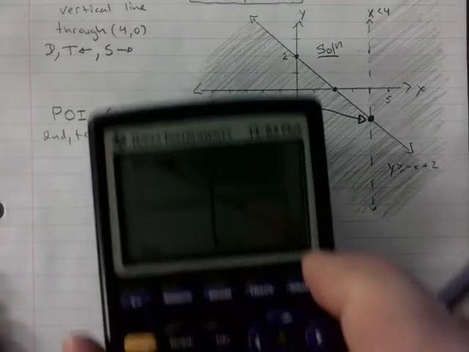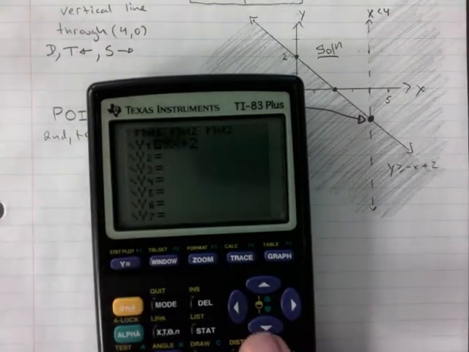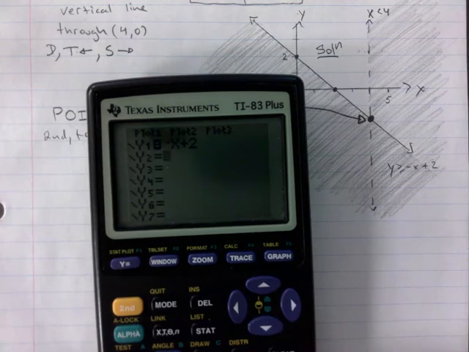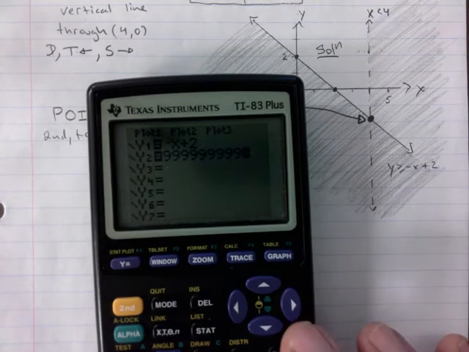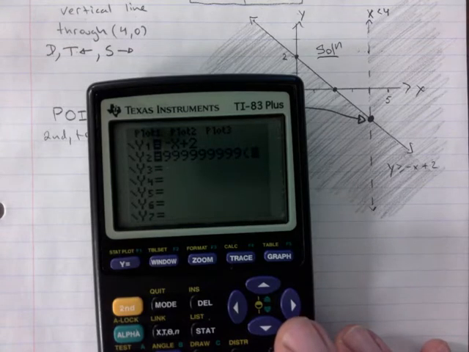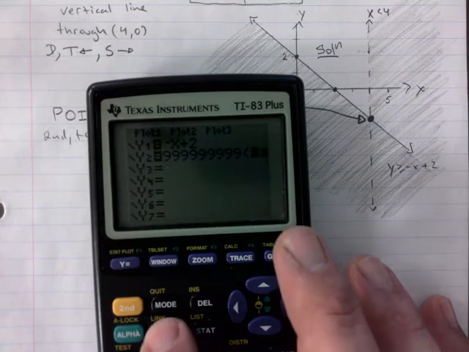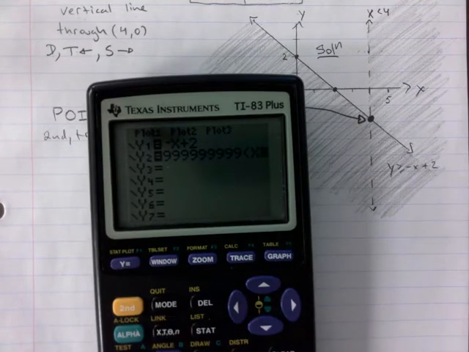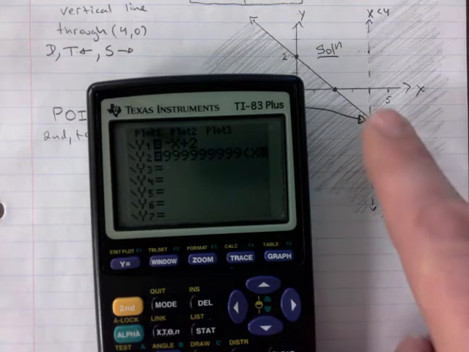Okay, let's do the other method. This is a newer method. The other one would be you graph the vertical line, which is you have to go 9 nines. Okay, type in 9 nines like that. And then you go open bracket, and then you press the X variable button, and you have to enter the opposite sign. So let's say it's positive 4, right?